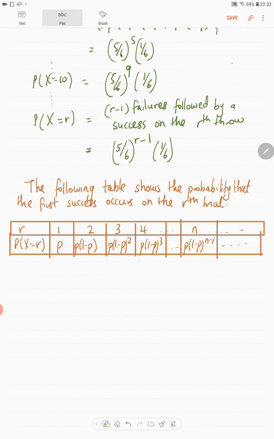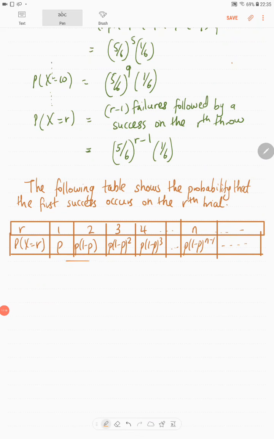Success is obtained on the fourth trial, that is for the first three trials we will have failure. The probability becomes 1 minus P cubed and then times P. For the nth trial, that is for the n minus 1 trials before the nth trial, we will get only failures. So we will obtain 1 minus P power n minus 1 and then times P, success being on the nth trial.